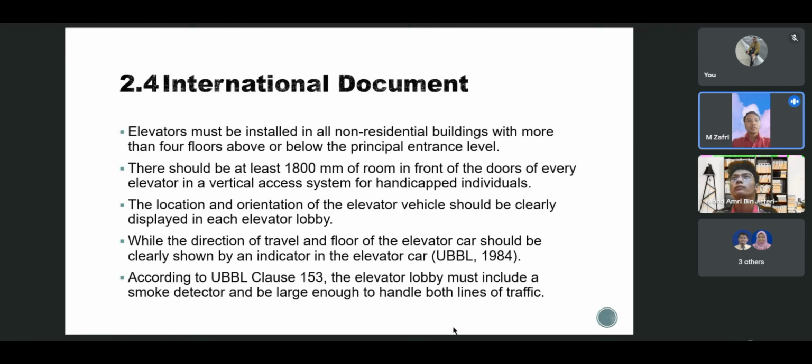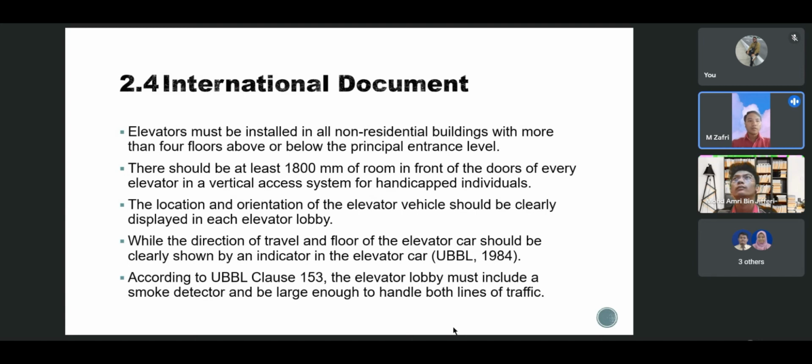This is 2.4, international document. The elevators must be installed in all non-residential buildings with more than 4 floors above or below the principal entrance level. There should be at least 1,800 millimeters of room in front of the door of every elevator in a vertical access system for handicapped individuals.